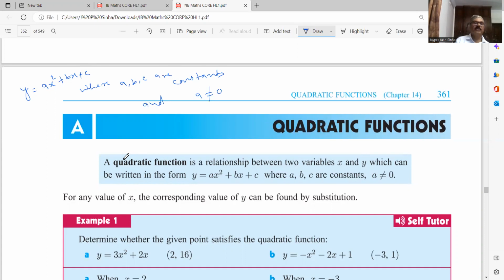A is not equal to 0, because if a becomes 0, then this function will not remain quadratic. Then 0 into x square is 0, plus bx plus c, means this function will become linear. Bx plus c is a linear function.